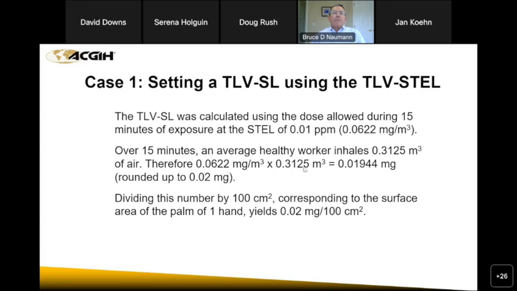Well, no, that's the STEL. So over 15 minutes, you get a total of 0.019 milligrams. I rounded that to 0.02. So you go through and do the arithmetic, you end up with a dose of 0.02 milligrams, and dividing this by 100 gives you, which is the surface area of the palm of one hand, and also the standard surface area for doing wipe sampling, 0.02 milligrams per 100 square centimeters.